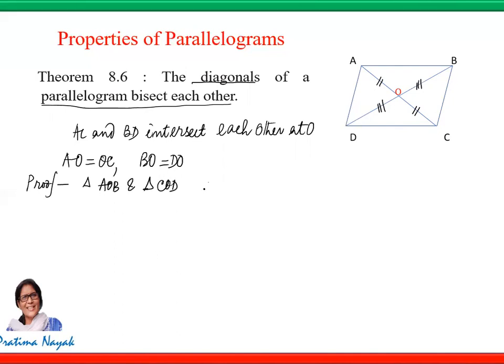We know that AB is equal to CD because opposite sides are equal. Then I'll write angle 1 equal to angle 1 here, alternate angle. Let us name it 2. Angle 1 is equal to angle 2 and angle 3 is equal to angle 4. All are alternate angles.